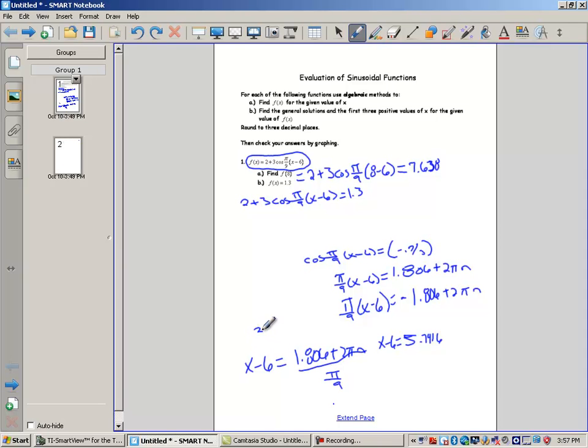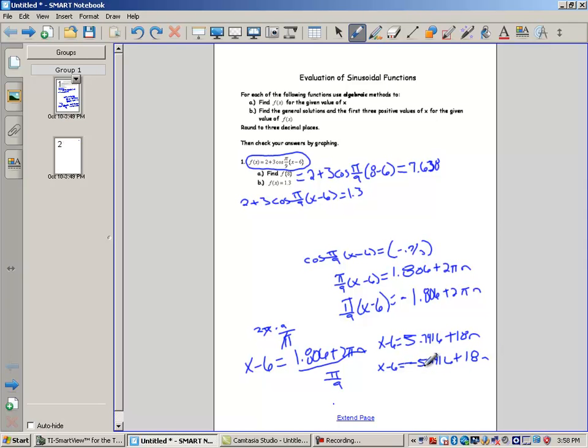I'll write that over here. 2 pi divided by pi over 9 is the same thing as 2 pi times 9 over pi. Those pi's cancel, and I get plus 18n. And then the other answer is x minus 6 equals the negative of that, so negative 5.7416 plus 18n.